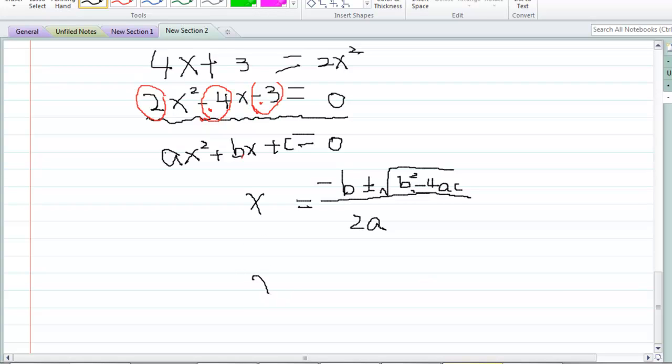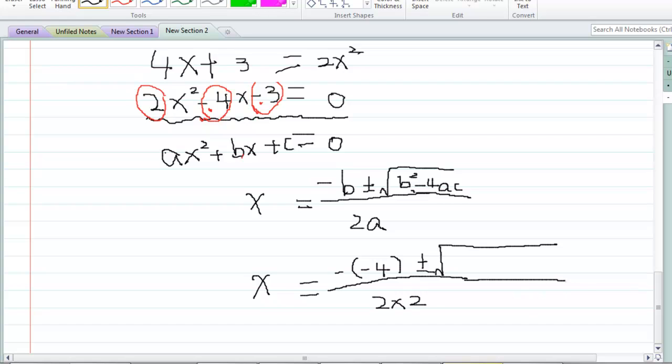Our a is 2, so we have 2 times 2 in the denominator. Our negative b, b is negative 4, and we have a negative sign in front, so basically it comes out to be positive 4, but we'll leave it like that first. A big chunk: we have negative 4 squared minus 4 times a, which is 2, times negative 3 as our c.